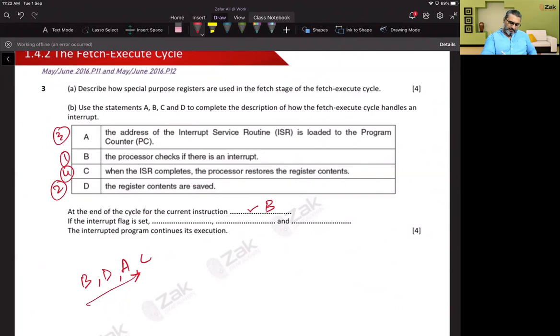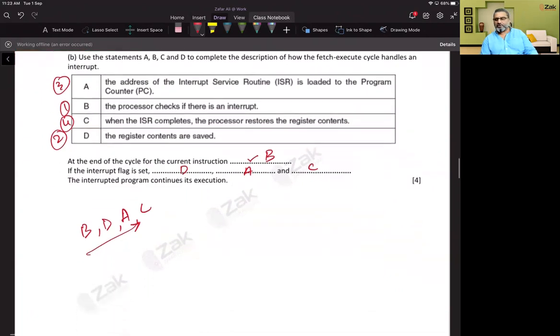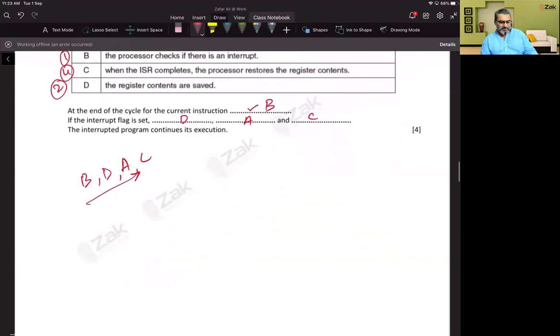Then data contents are saved and the address of the interrupt service routine is loaded to the program counter, and when the ISR completes, the program restores the register content. The interrupted program continues its execution.